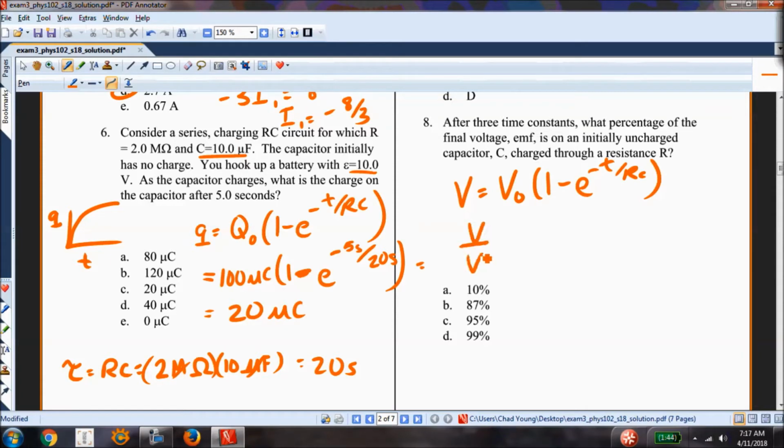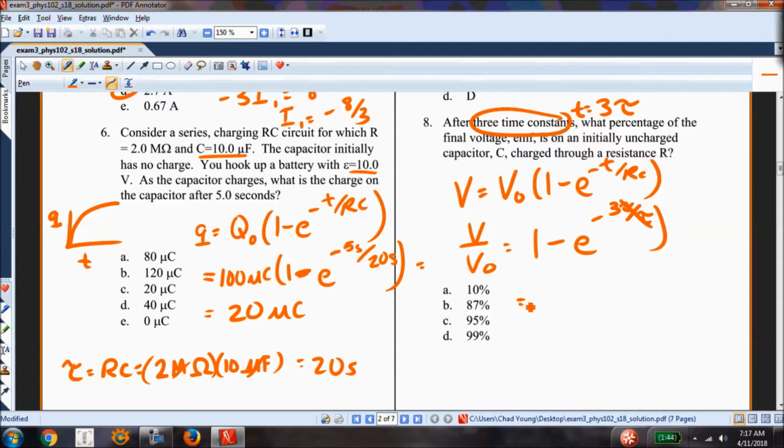That is, what is V over V naught? That's going to be equal to 1 minus e to the minus, and here I'm looking for 3 time constants. So t is equal to 3 times tau. So I'm looking at 3 tau divided by tau, or just e to the minus 3.